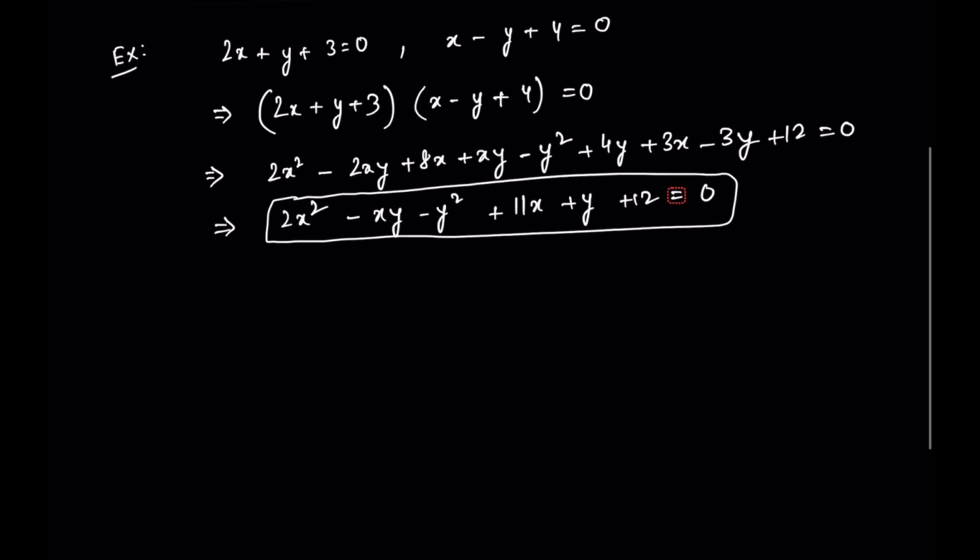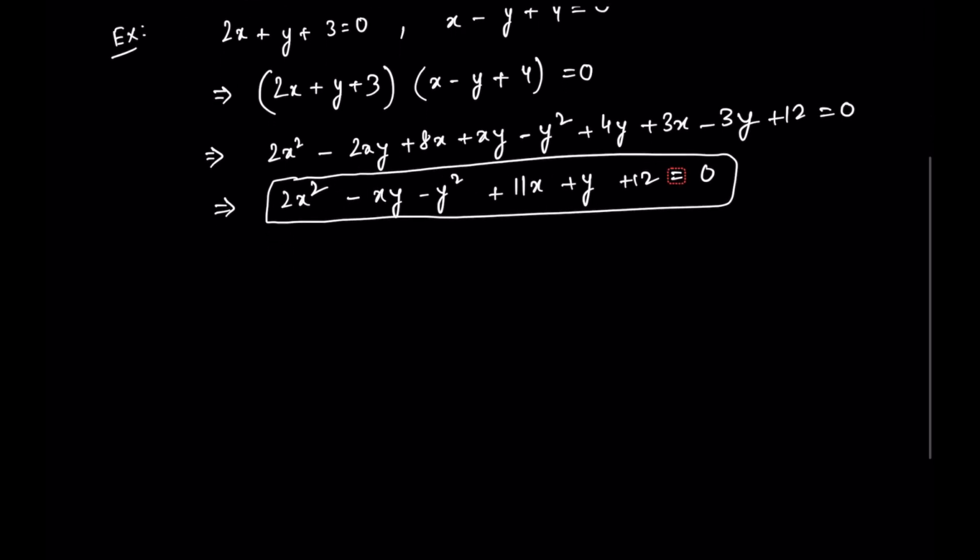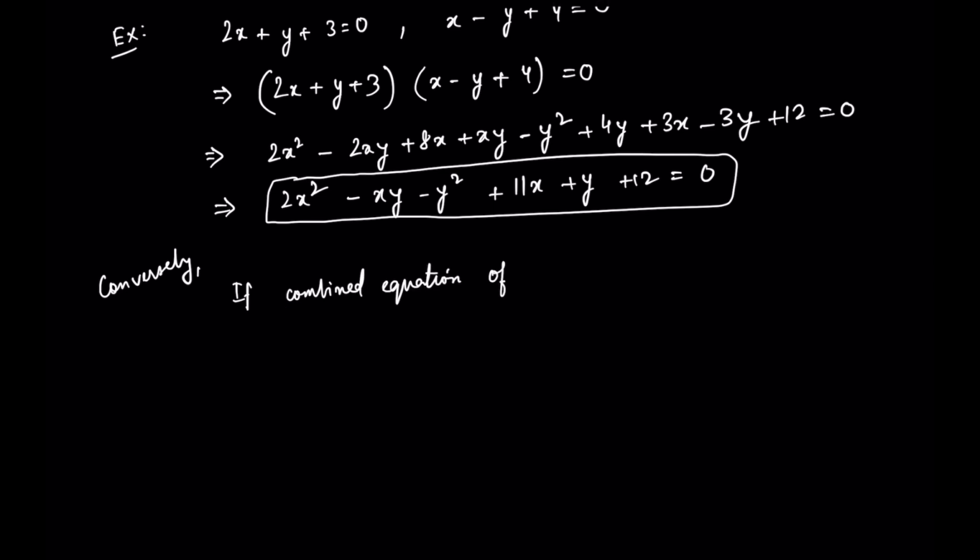Now the next thing that I want to say. Conversely, what I can say is, if the combined equation of two straight lines is given, I take some random example, say for example 6x square plus 5xy minus 4y square is equal to 0.